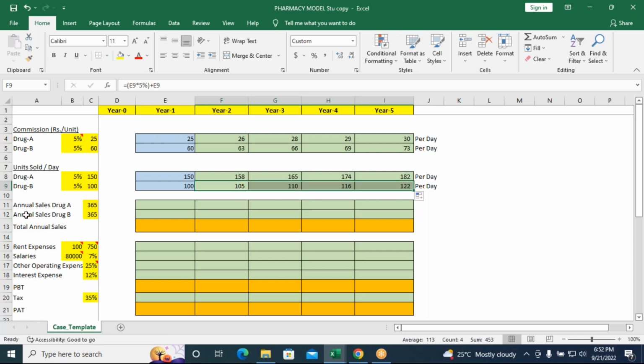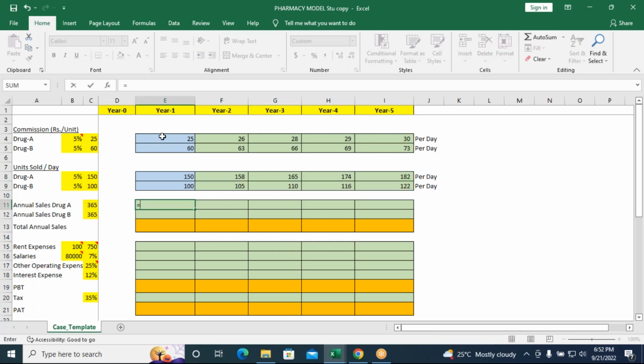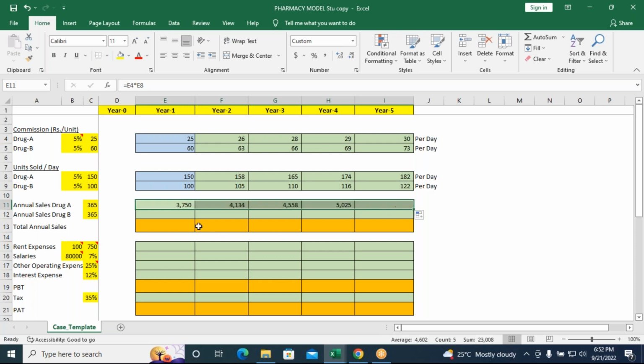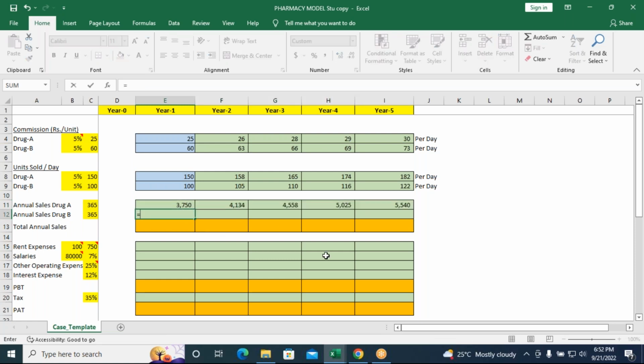Here I need to calculate the annual sale of drug A, equals 25 into 150. I'll just drag it this side. Then drug B, equals drug B units into the cost. Enter.